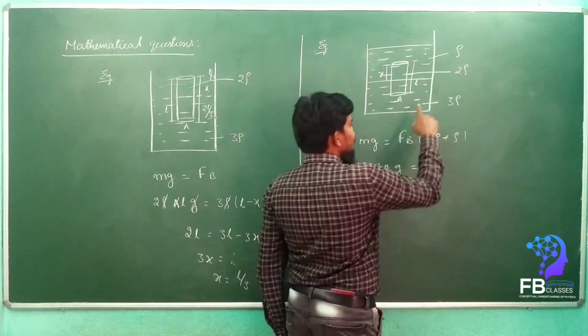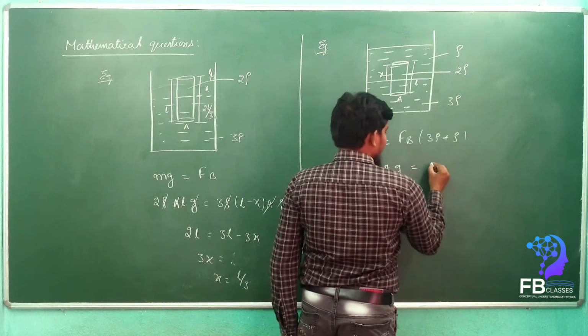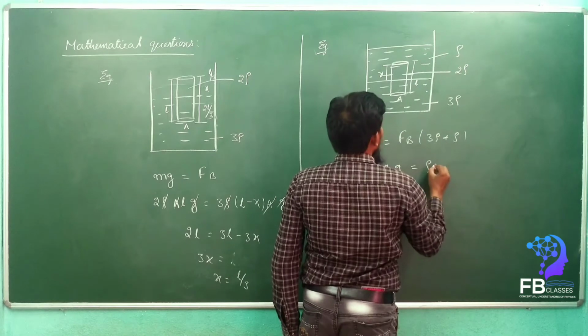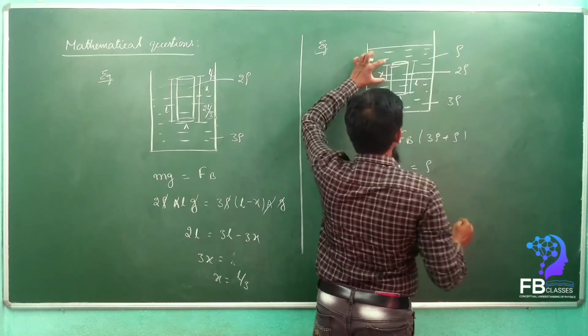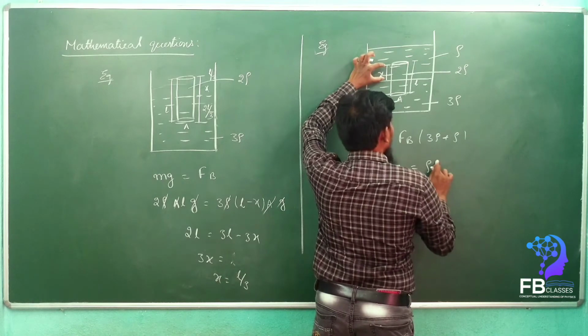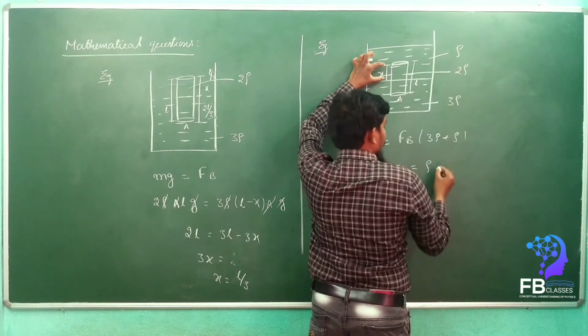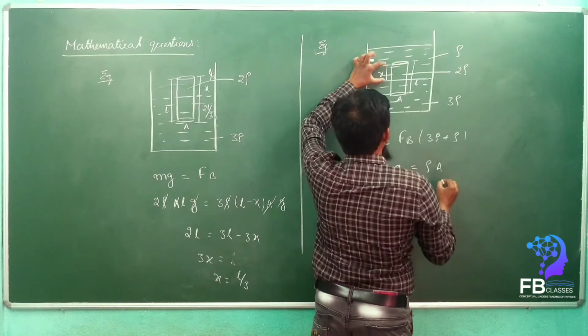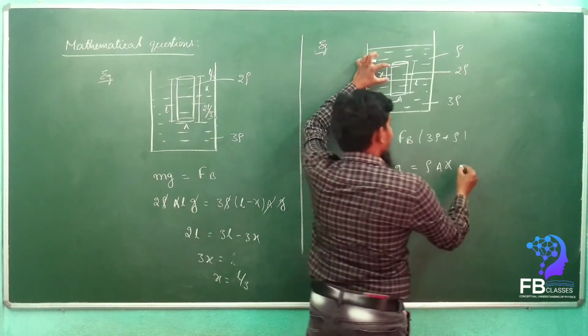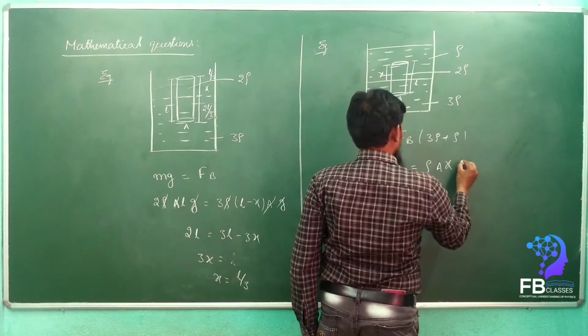Buoyancy force is nothing but the density of the liquid. First, the density of the liquid is rho, and the area A, and the submerged length total is X, into g.